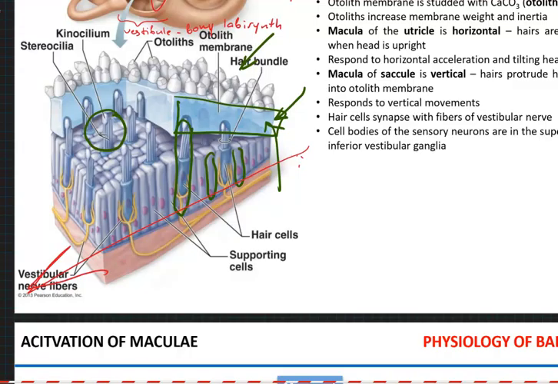So the hair cells start moving in that direction, but the otolith membrane, since it's very heavy and has huge inertia, will kind of stay in its original place for some time, which means this hair will get bent. Makes sense or not?